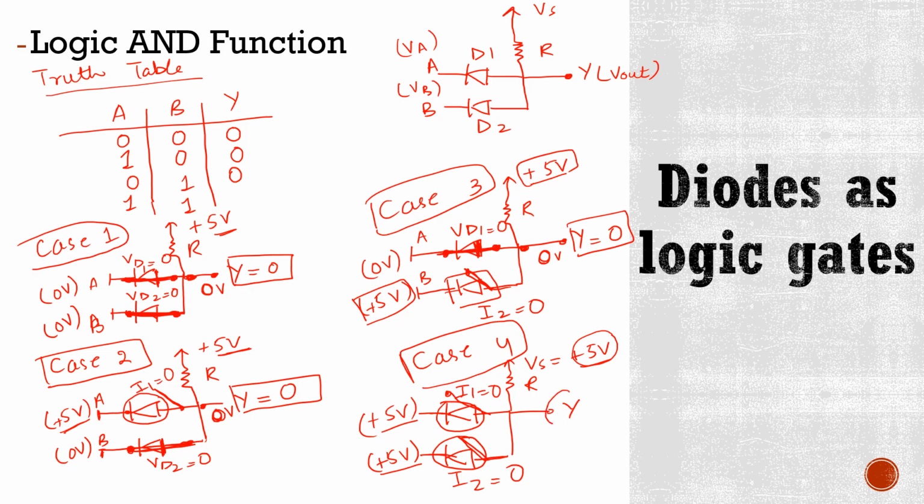So here this point is maintained at 5 volt. It means here output is 1. So we write this value of Y, 1, here in this table. It means that in case of logic AND function, output is 1 only when all the inputs are on or 1, otherwise we get no output. So this is logic AND function using diodes.